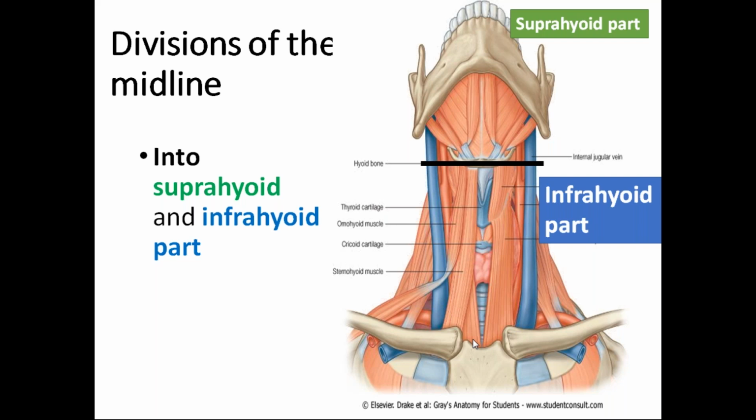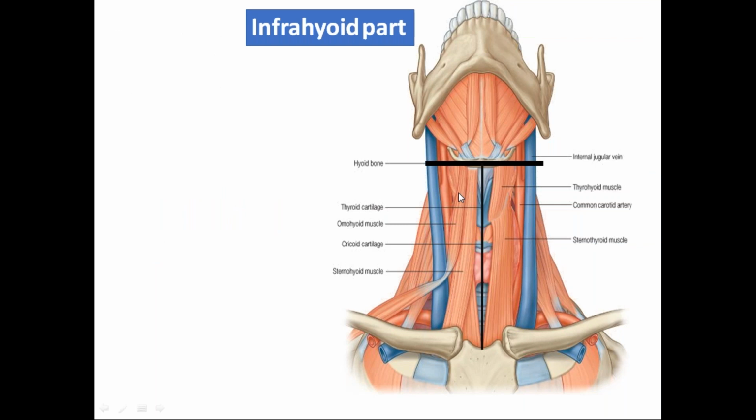For our convenience, we will divide the midline structures into the suprahyoid part and the infrahyoid part. The infrahyoid part extends from the hyoid bone to the suprasternal notch.